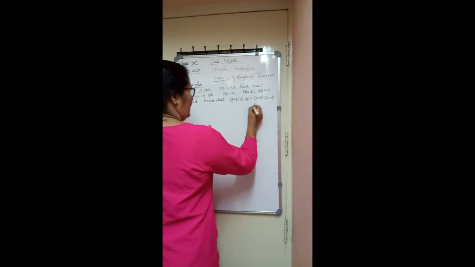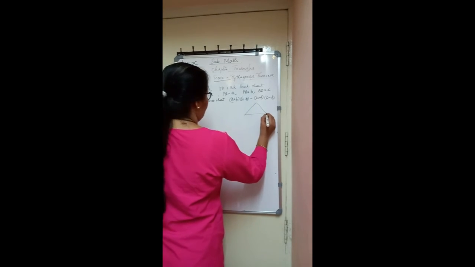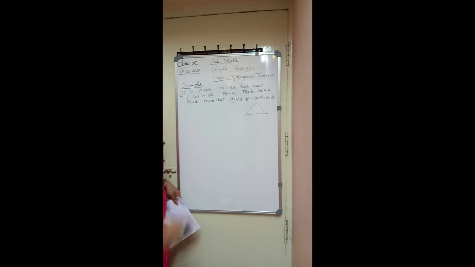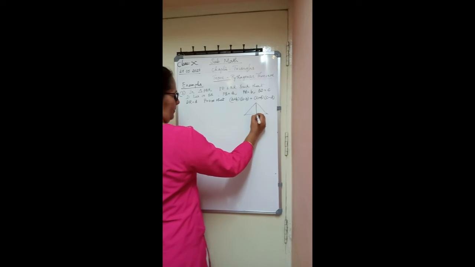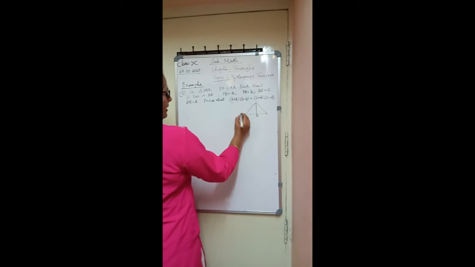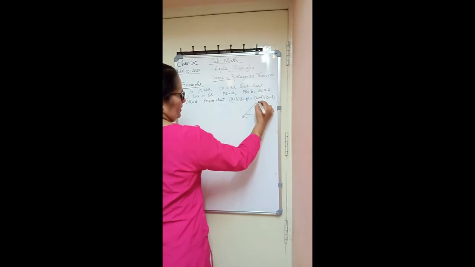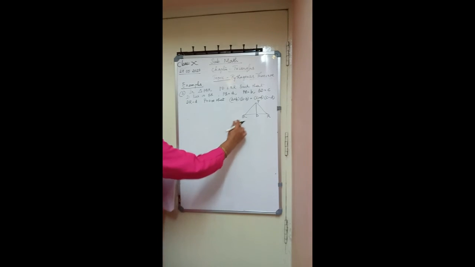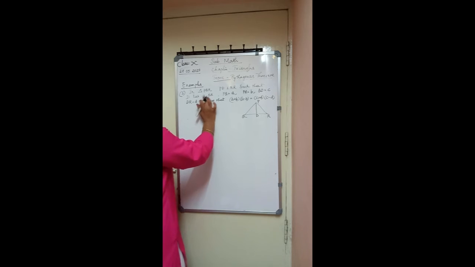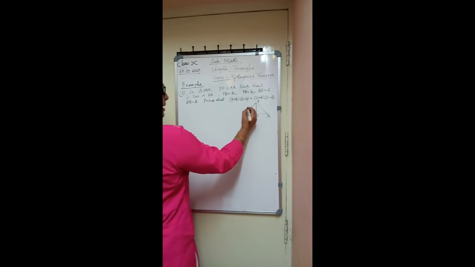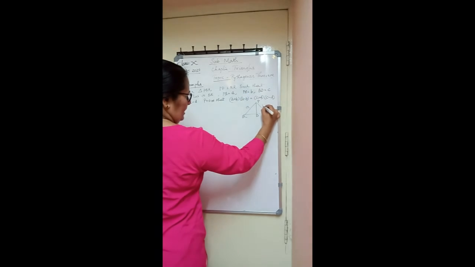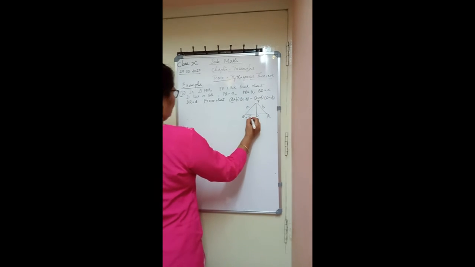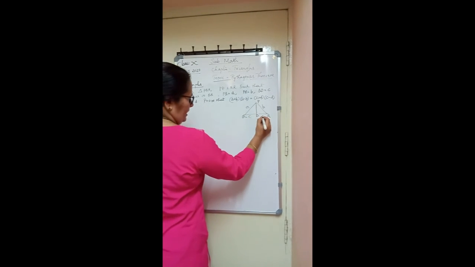So in triangle PQR, PD is perpendicular to QR such that D lies on QR, PQ is a, PR is b, QD is c and DR is d.